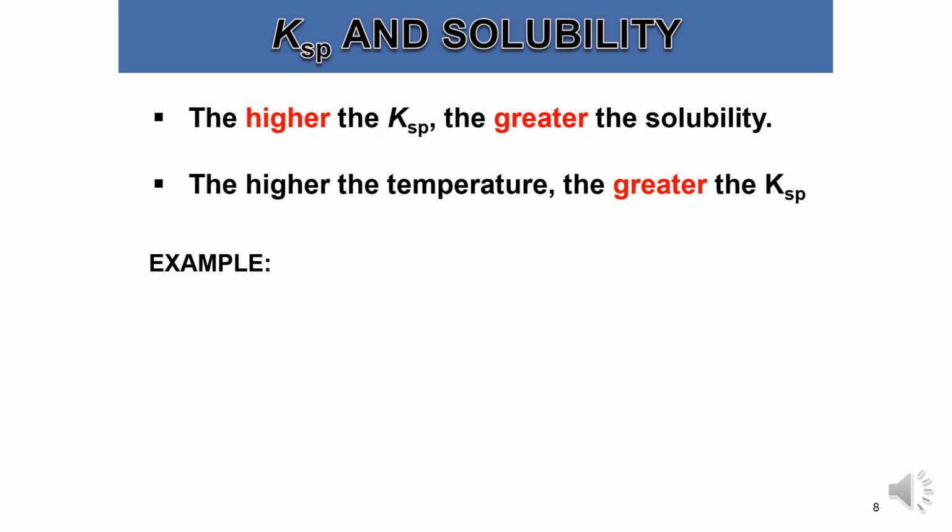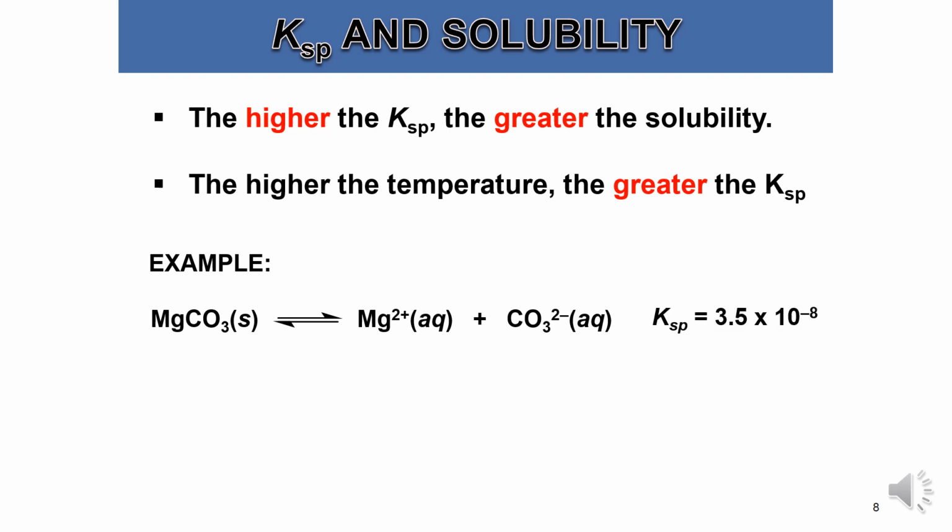Relationship between Ksp and solubility. The higher the Ksp, the greater the solubility, and the higher the temperature, the greater the Ksp. Example, MgCO3 solid produces Mg2+ plus CO3 2- aqueous, with Ksp given as 3.5 times 10 to the power of negative 8.